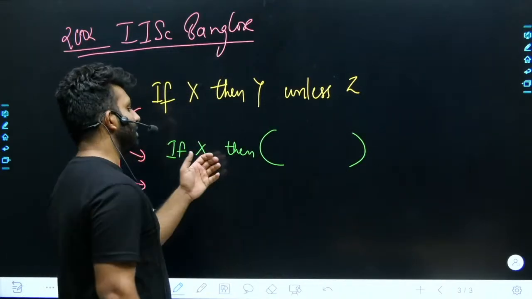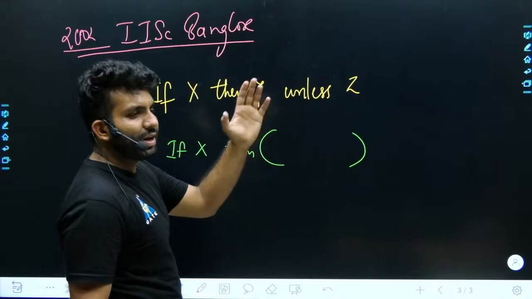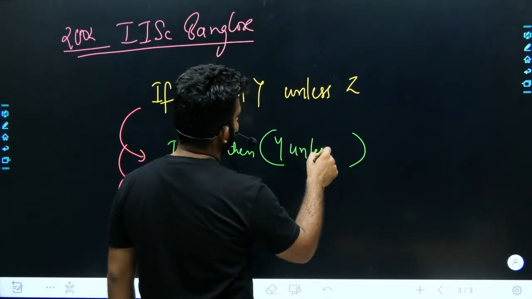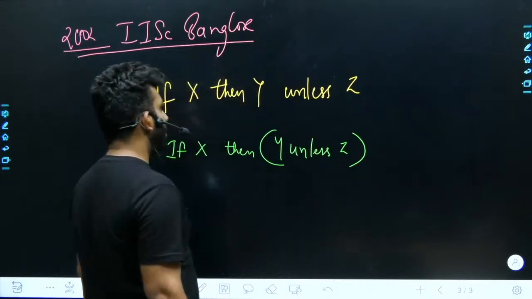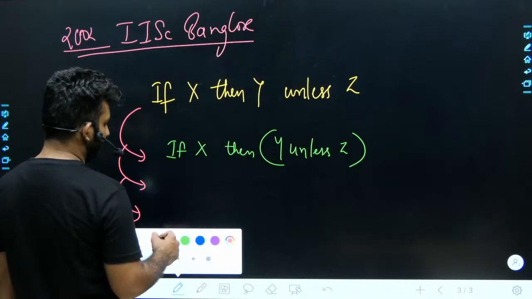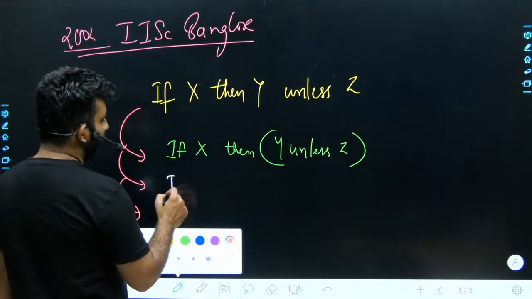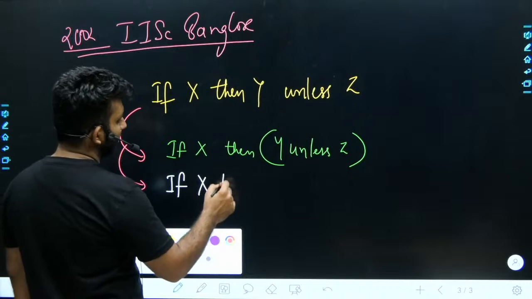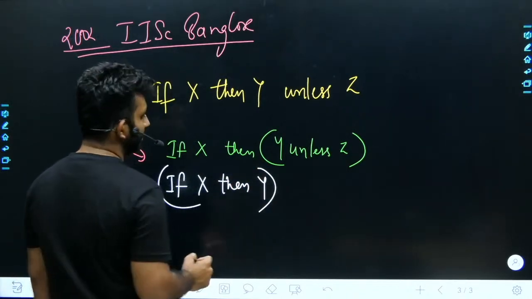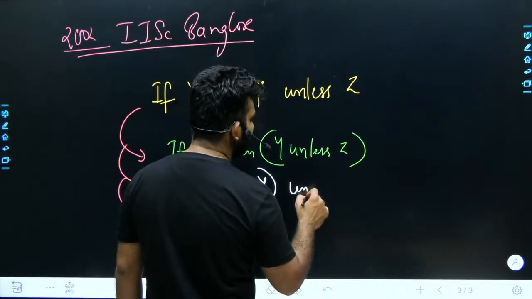That means if X, then whatever may happen, that means Y unless Z. Or what can be done? If X then Y. Now for this I will write unless Z.